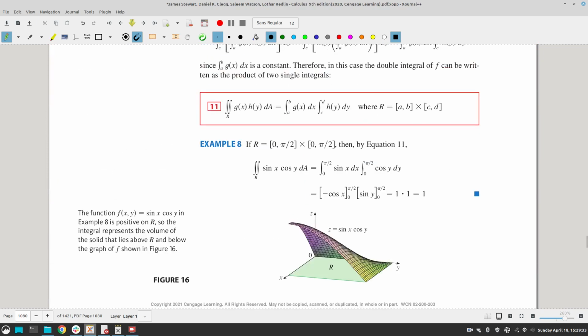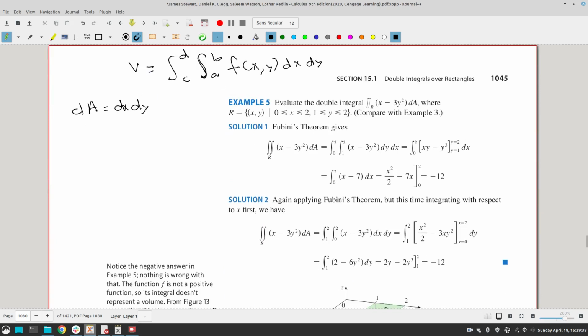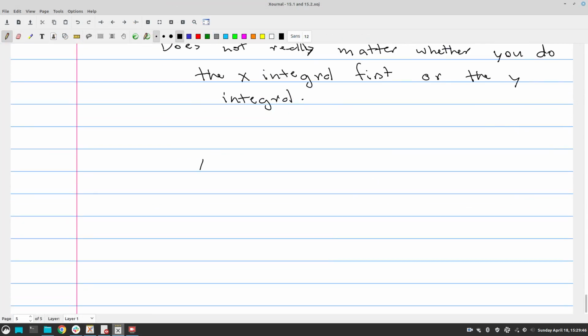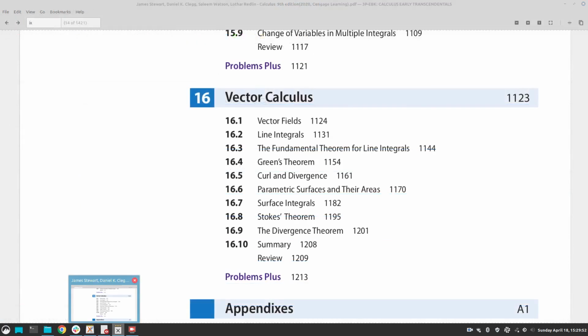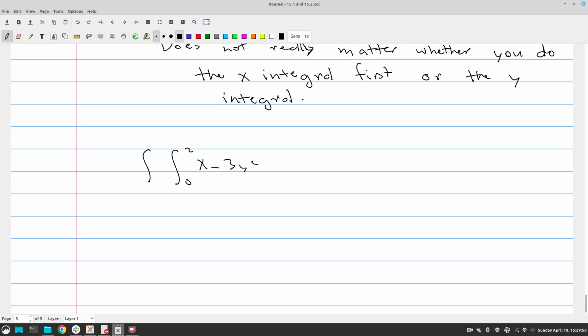So let's try to verify Fubini's theorem for this example. The integral of x minus 3y squared, x between 0 and 2, y between 1 and 2, dx dy.